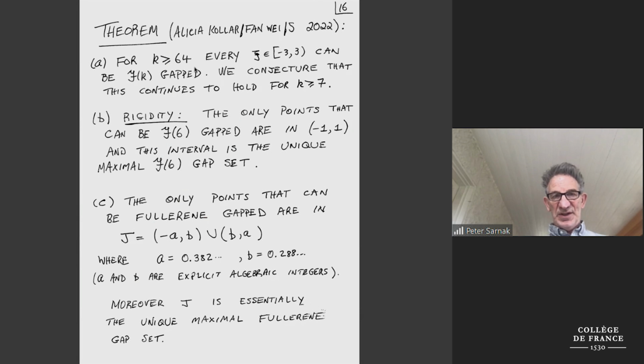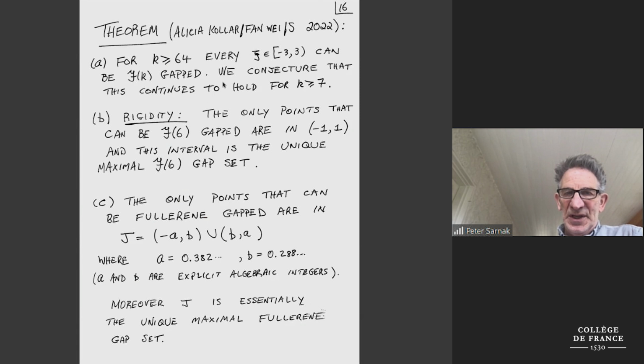And the answer is yes. And of course, the 64 is not correct, but we worked very hard to get that a finite number, yes. So putting the restriction on a bounded number of sides per face does not prevent you from making a gap in the spectrum at any point.